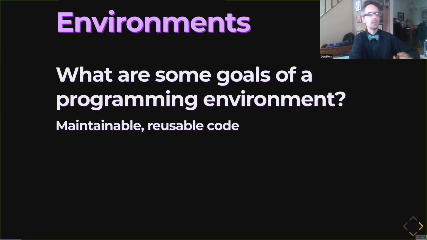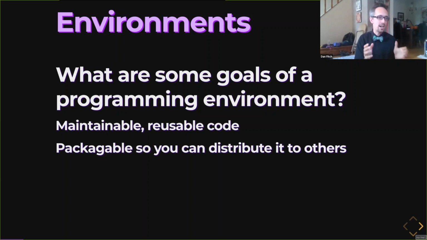So some of the goals are to make it maintainable, so you can send it to somebody or send it to your future self and have it actually be reusable. It's nice if it's packageable so you can easily distribute it. If you use some of these tools I'm going to show in combination with publishing on GitHub or some other open source repository, people will be able to, in a single line, get it from Git, and then with another single line configure it for their own system and get all the packages that you're using at the versions you're using them.